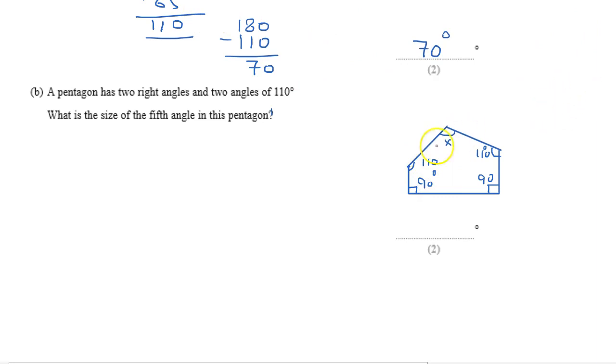We know that the sum of the angles of a quadrilateral is 360. But what is the sum of all the angles of a pentagon? For any polygon, the easiest way to find the sum of all the angles is to check how many triangles there are.